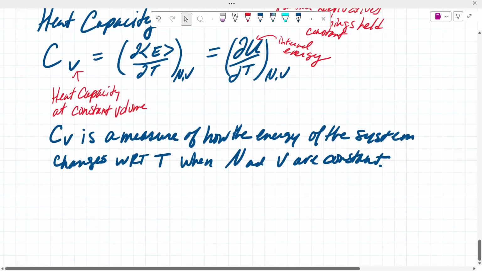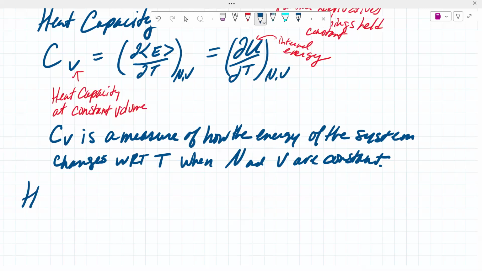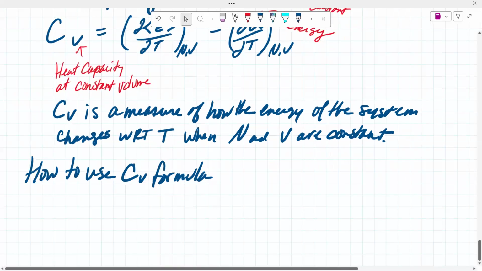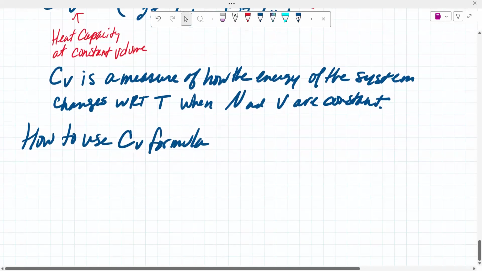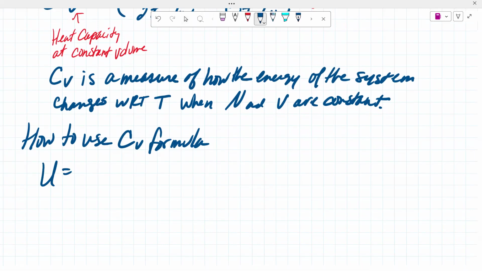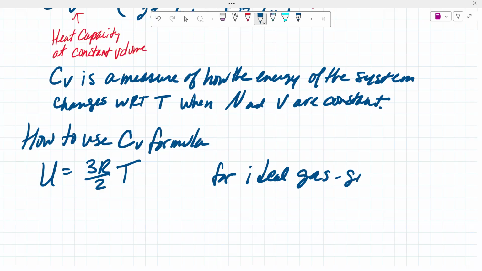So how can we use the C sub V formula? U equals 3RT over 2. This is an equation for the internal energy.